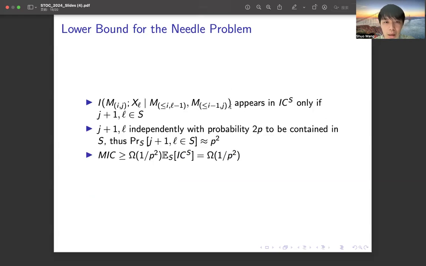And J plus 1 and L are independently contained in S with probability 2 times P. Thus, the probability over S that J plus 1 and L lie in S is approximately P squared. And then the multi-pass information complexity is bigger than omega 1 over P squared times the expectation, which is also omega 1. So the multi-pass information complexity is bigger than omega 1 over P squared. And this shows our main theorem for the needle problem.